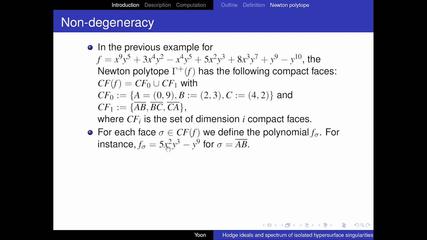So here, x squared y cubed should have a coefficient 5 here. And y to the 9, oh, sorry about this. This should be plus. Okay. This is a typo. So this is our function f sigma.